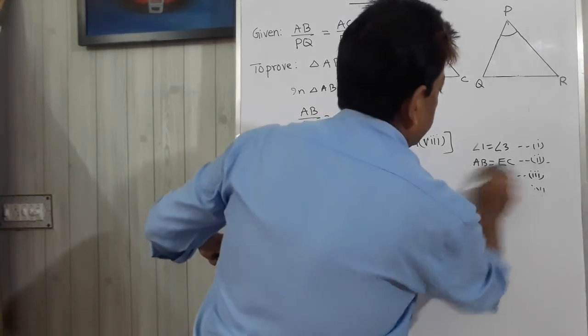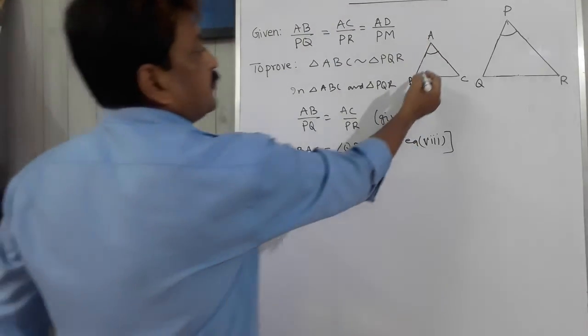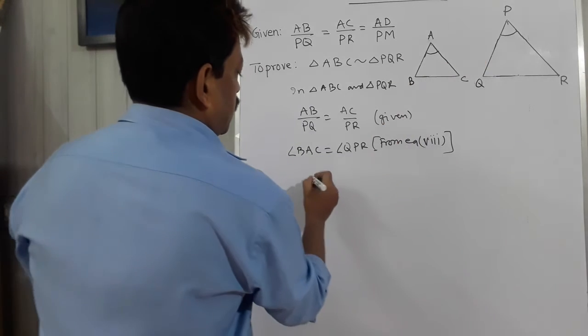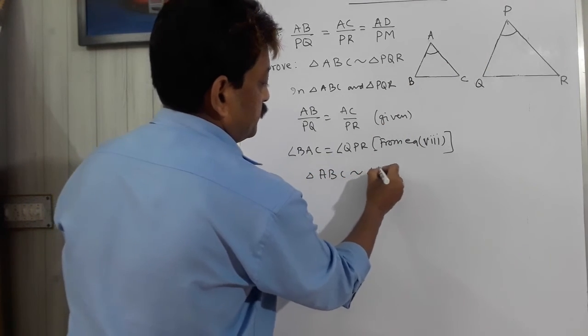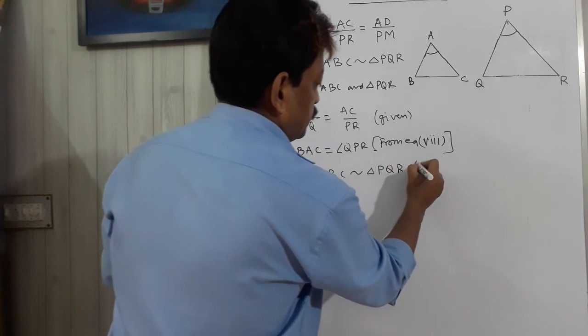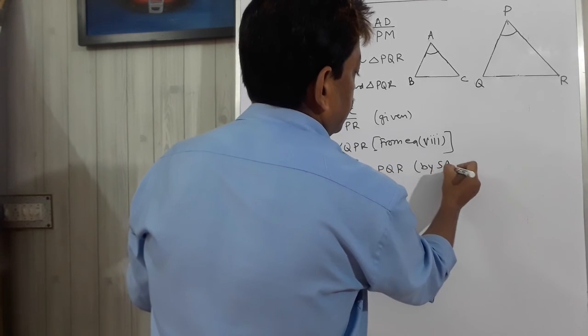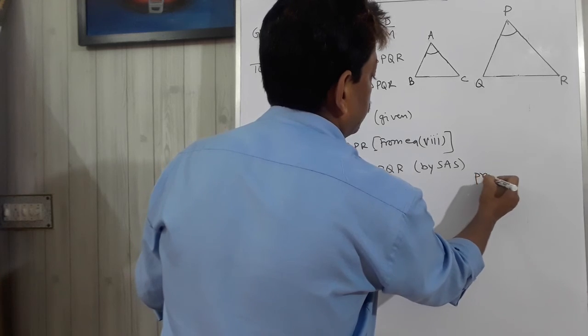Therefore, now we can say that triangle ABC is similar to triangle PQR by SAS. This is proved.